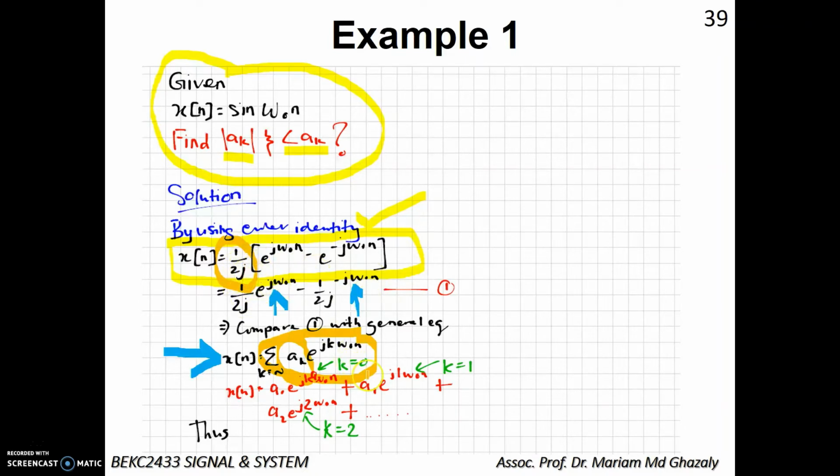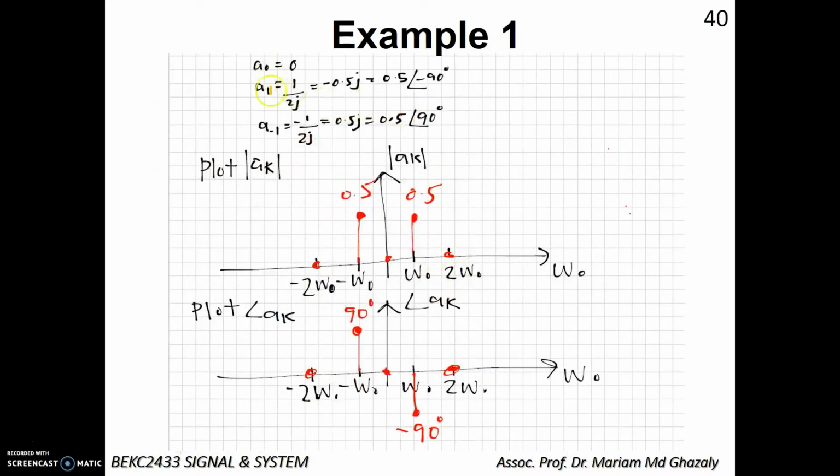And for k minus 1, it is minus, because you have this minus here, minus 1 over 2j for k equal to minus 1. So you have the equation here. If a naught is equal to 0, and then you have a1 equal to 1 over 2j.